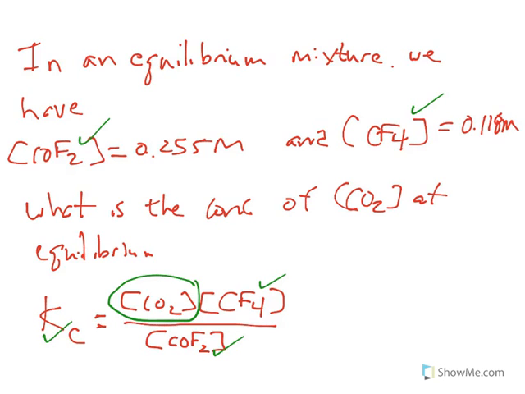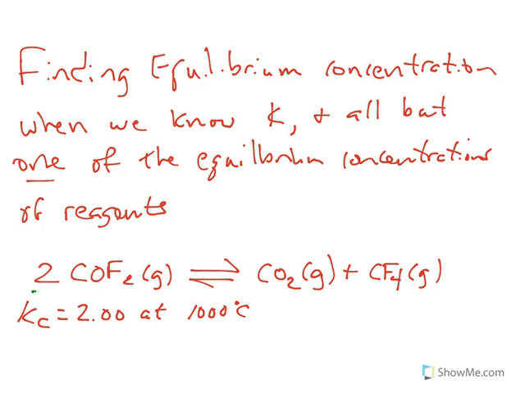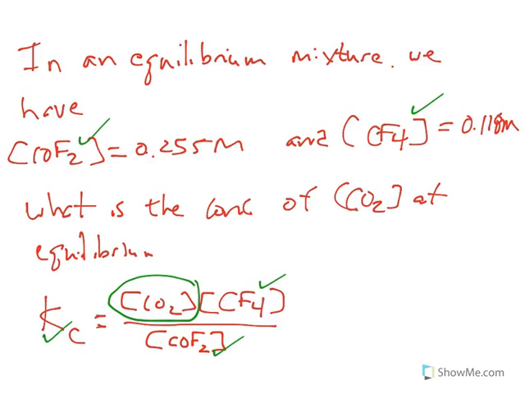Oops. One major mistake I'm making. There's a 2 there, a coefficient of 2, so I need to adjust my equation to put a square there. It's still going to be just some algebra, but don't forget that square. So if I'm going to rearrange for CO2, I'm just going to rewrite the equation here for us.